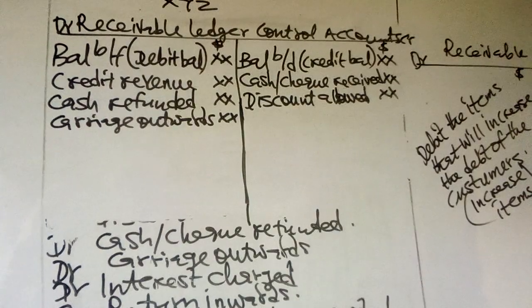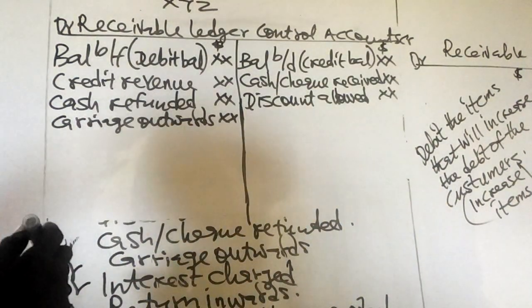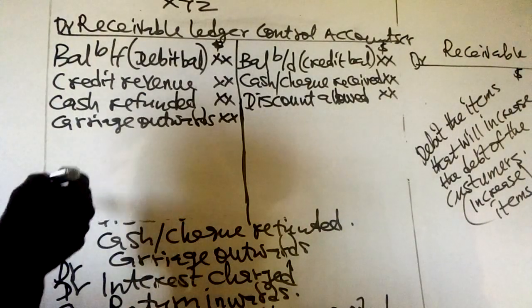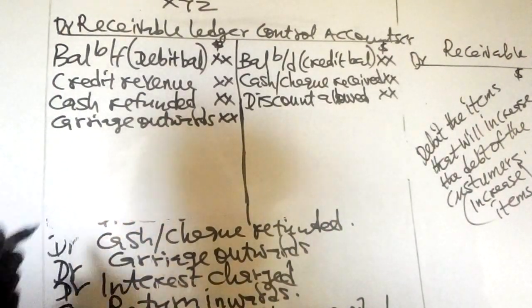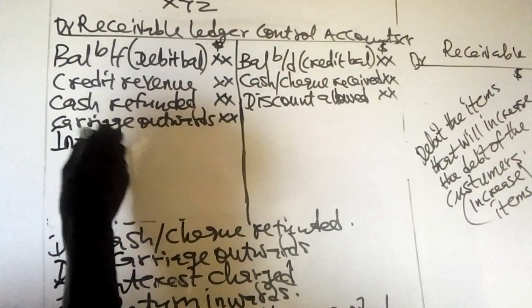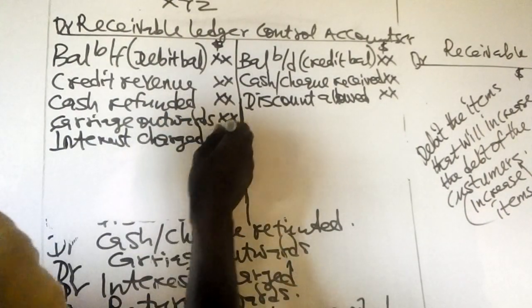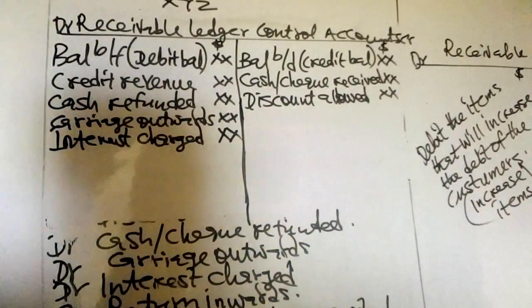After carriage outwards, we have interest charge. Since the customers are not paying immediately, they are purchasing the goods on credit, you charge them interest. Interest charge on overdue account leads to an increase in the amount they will pay. So you debit it.